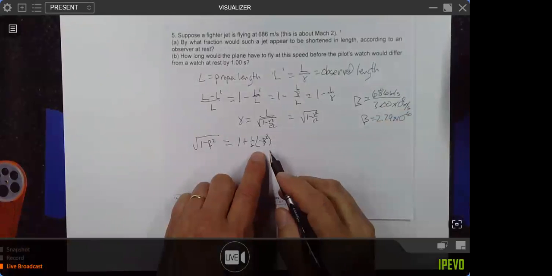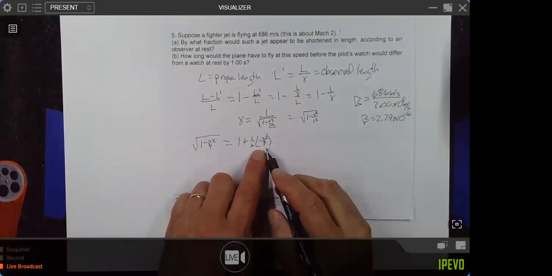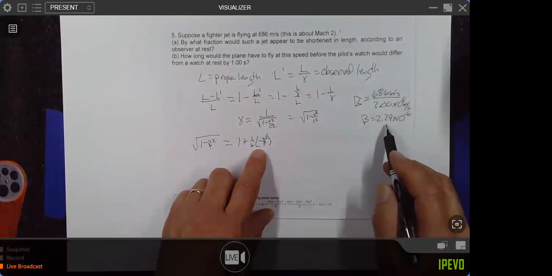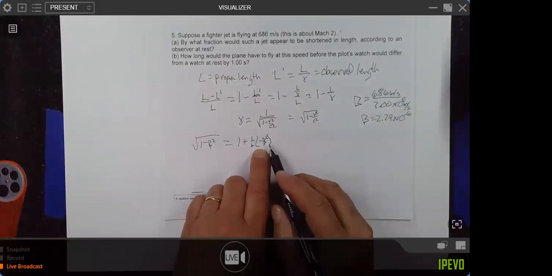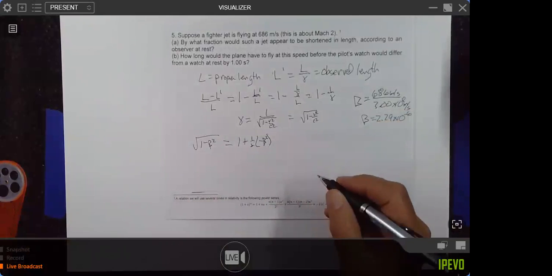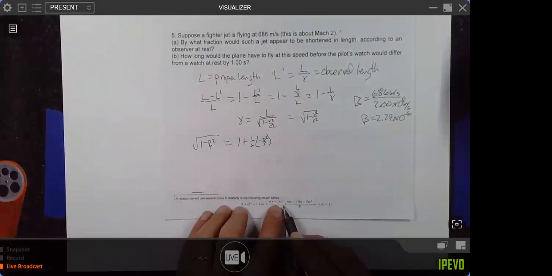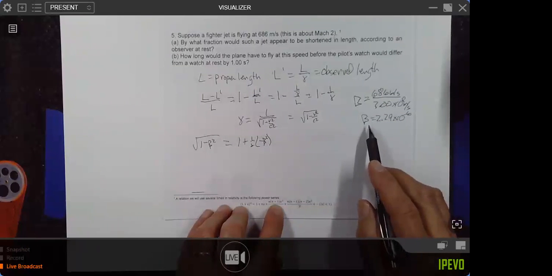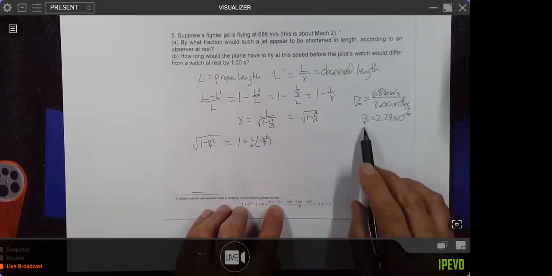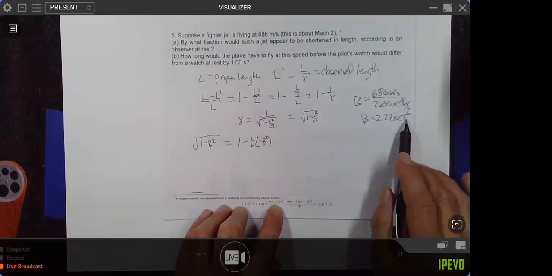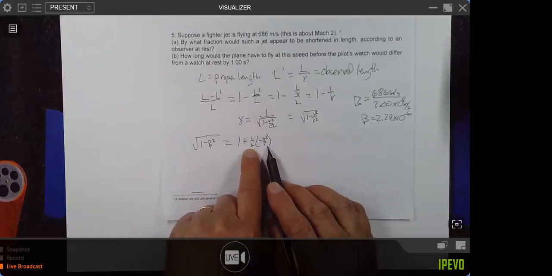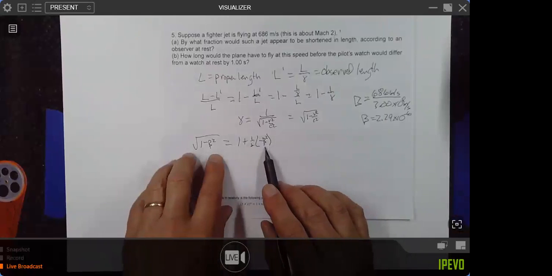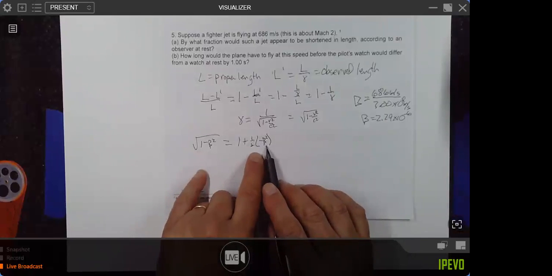Now that's going to be squared here, so it's going to be around 5 times 10 to the minus 12th, which is pretty darn small. The next term in the expansion is the one that would have beta squared squared, so it would be this thing to the 4th power, which is going to get you to 10 to the minus 24th, which is about 12 orders of magnitude smaller than this. And so this is a good enough approximation here.